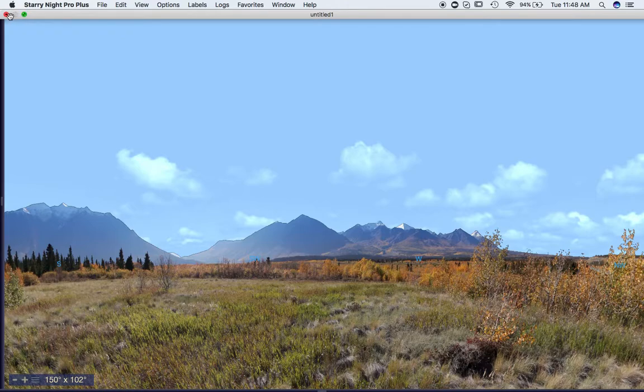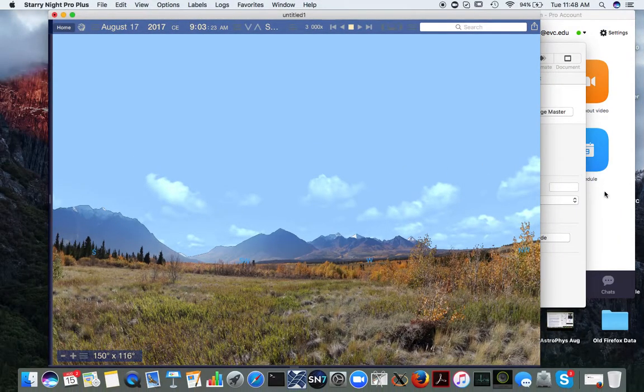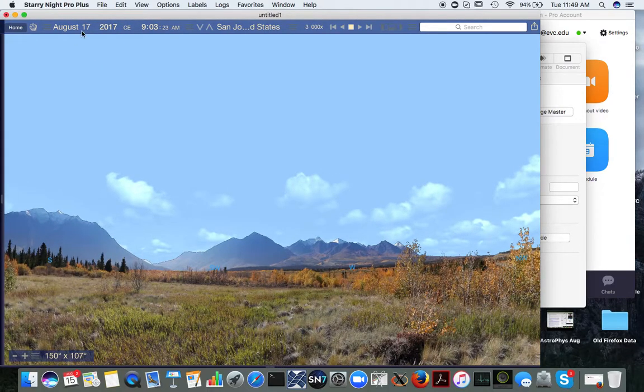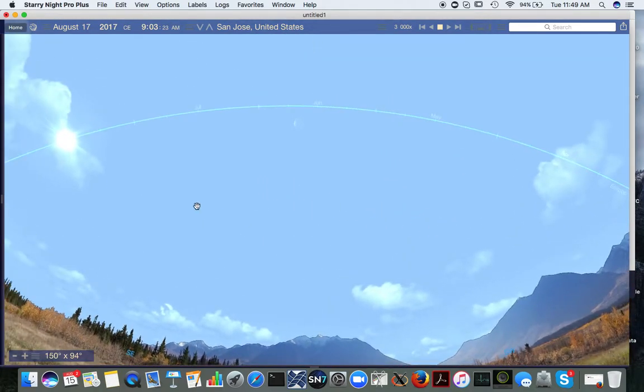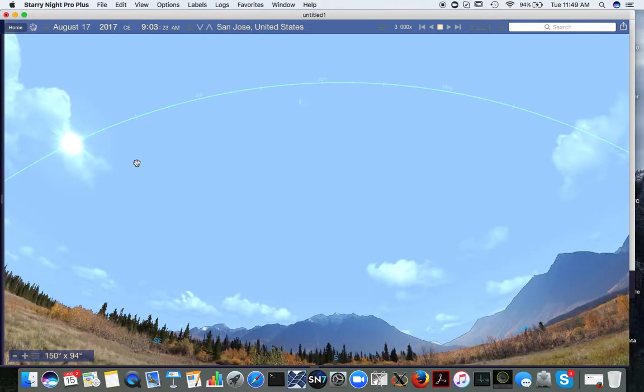Let me show you one thing here quickly. Now, the Sun is always located on a line we call the ecliptic line, which is represented here by the green line. See that? It's a green line.